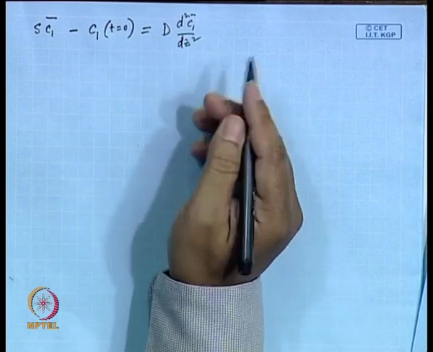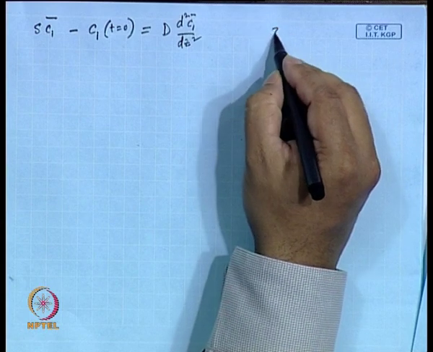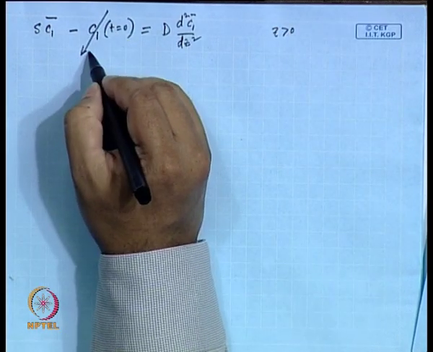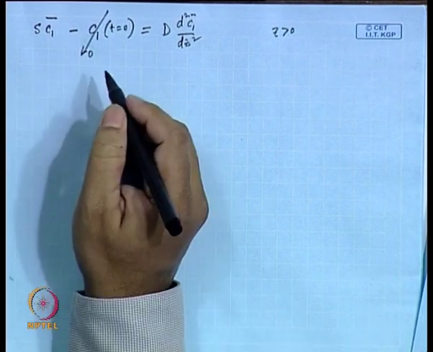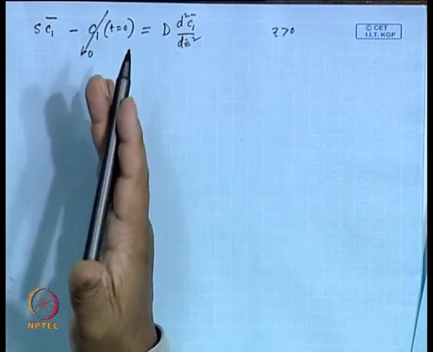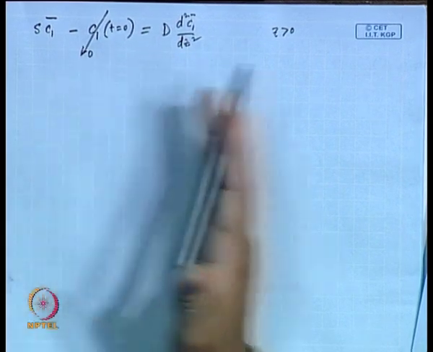Now, since we are interested in z greater than 0, this term at t equal to 0 you can consider to be 0. We do not care about the center, we care about z greater than 0, any value.